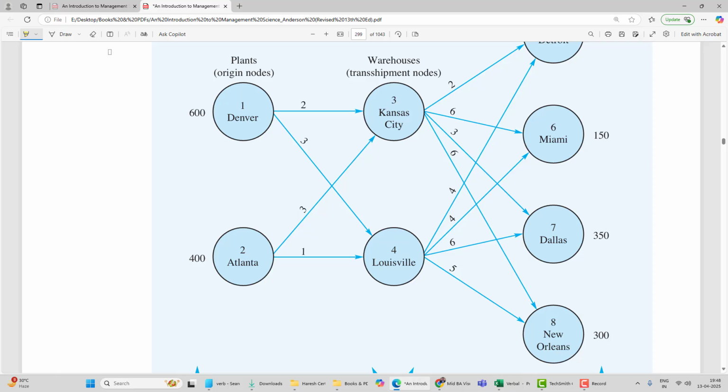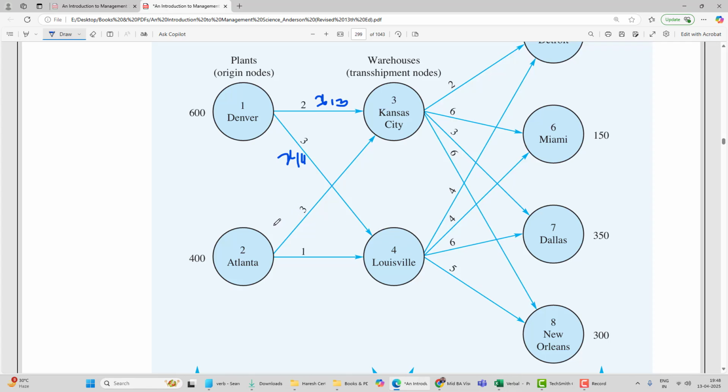So as usual, we have to first declare the variables. This is your x13 here, which we have seen earlier. Same logic we are going to use. Then this will be x14 here, transported from Denver to Louisville.